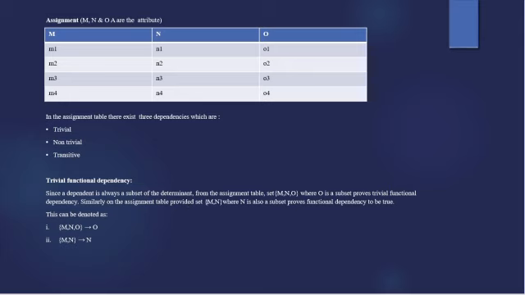Similarly, on the assignment table provided set M, N, where N is also a subset proves functional dependence to be true. This can be denoted as M, N, O.